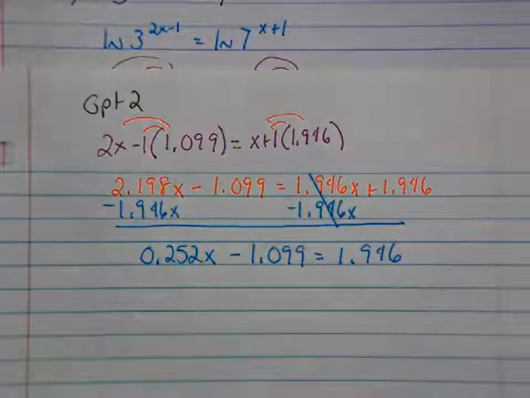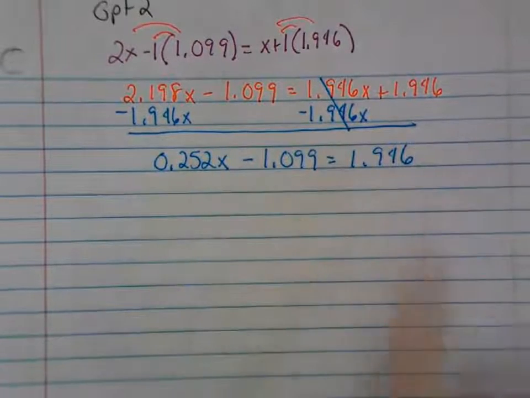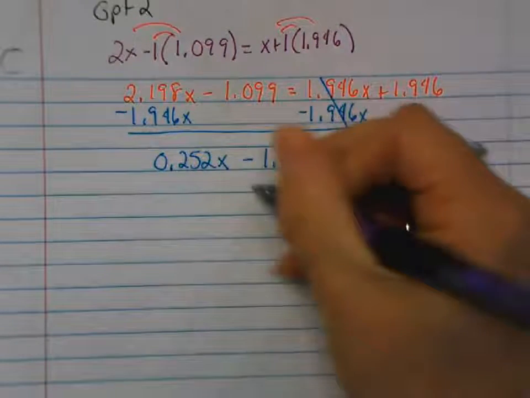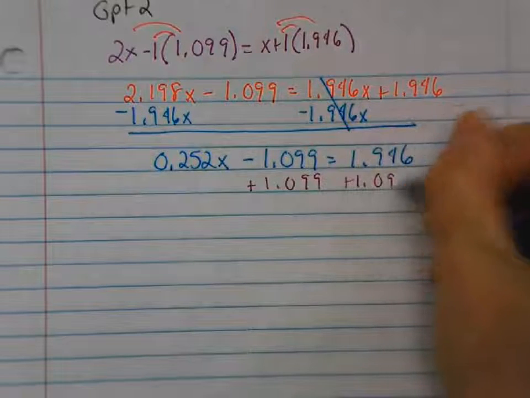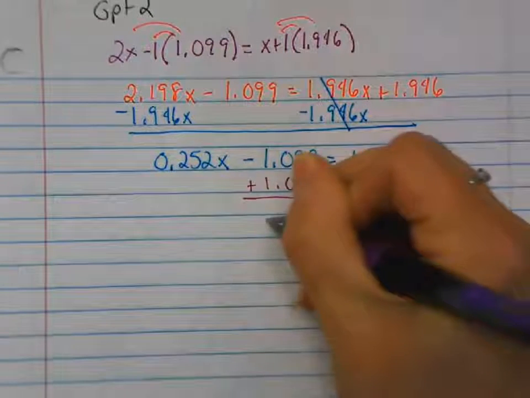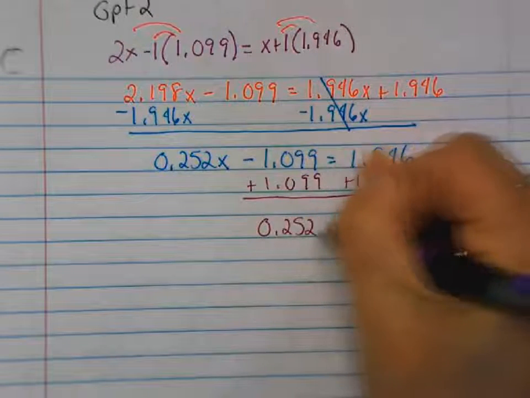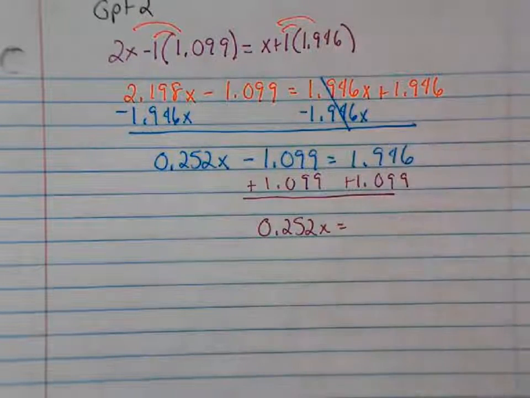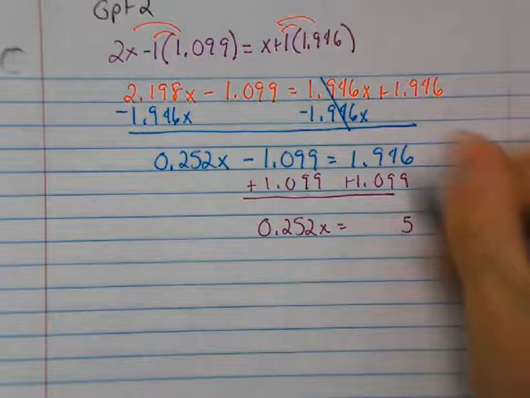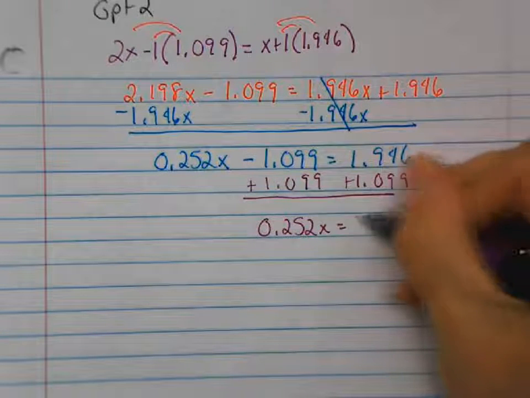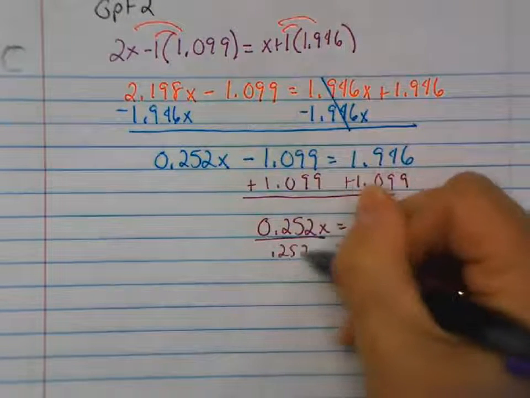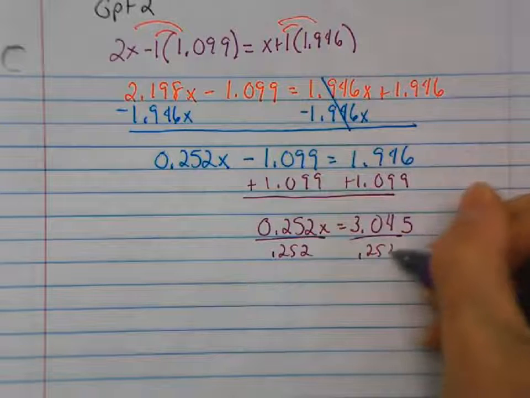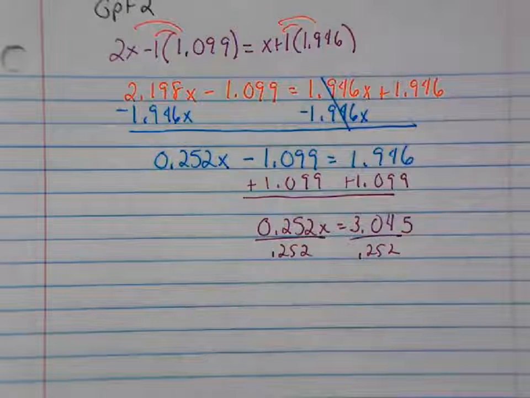So I'm going to add 1.099. 0.252x is equal to 3.045, and now I divide by 0.252. So 3.045 divided by 0.252 gives me 12.083.